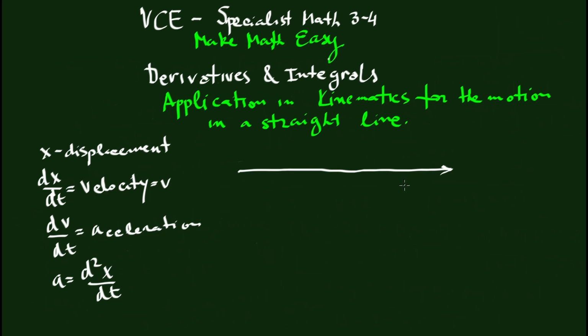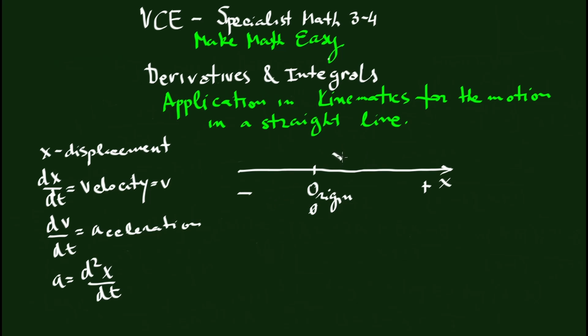So here is our O for the origin, or 0. From this side we have positive numbers and here the negative numbers.